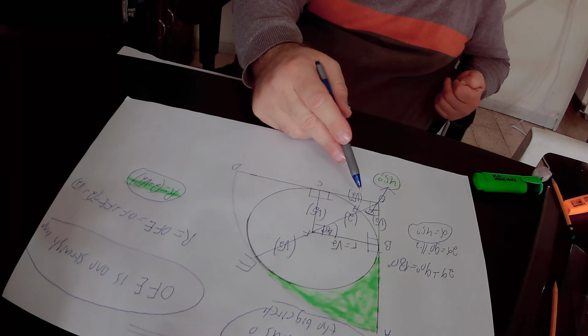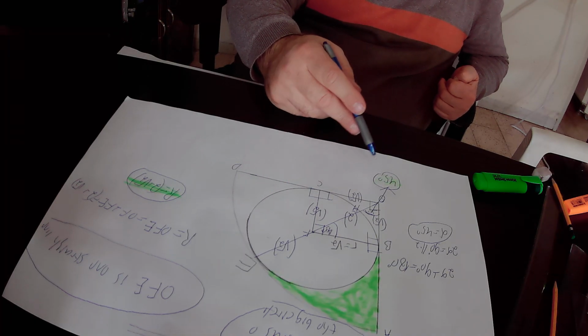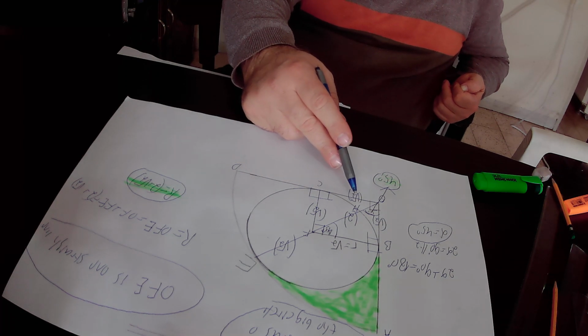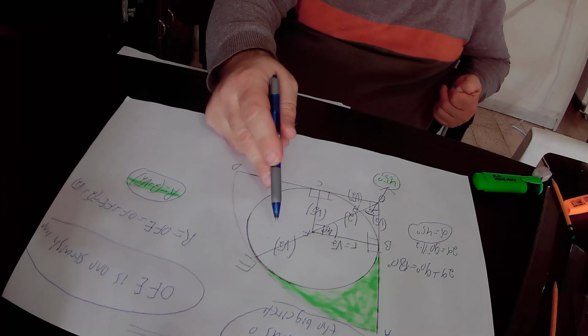So FE is a straight line that touches this small circle at points H and E.